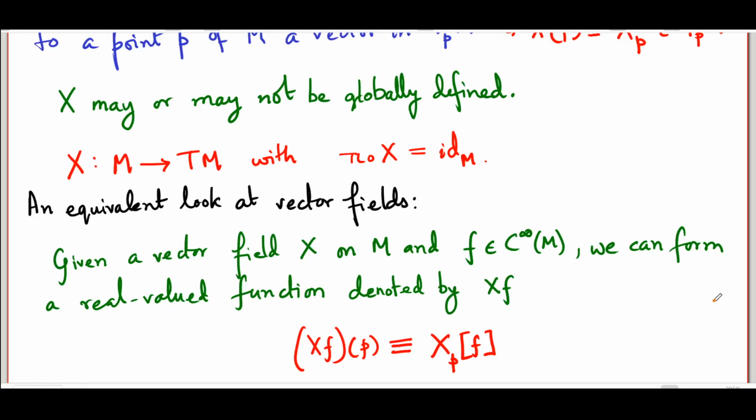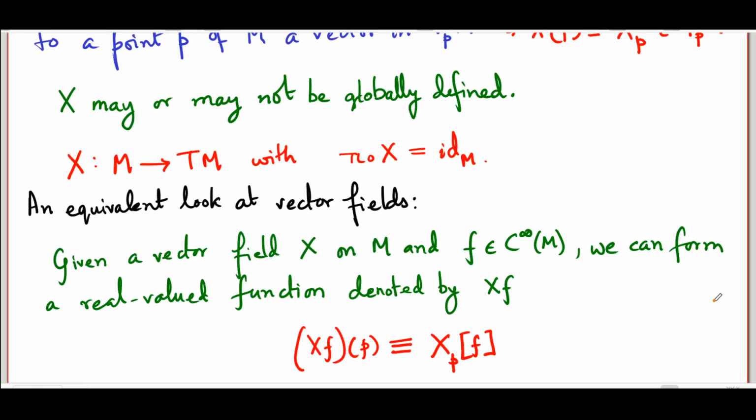And there is one very obvious and natural way to define this value of Xf at point P. Remember, X being a vector field has a value at every point P and the value is a tangent vector, a member of T_P M. Also remember that tangent vectors are really functionals which eat up functions and churn out numbers.